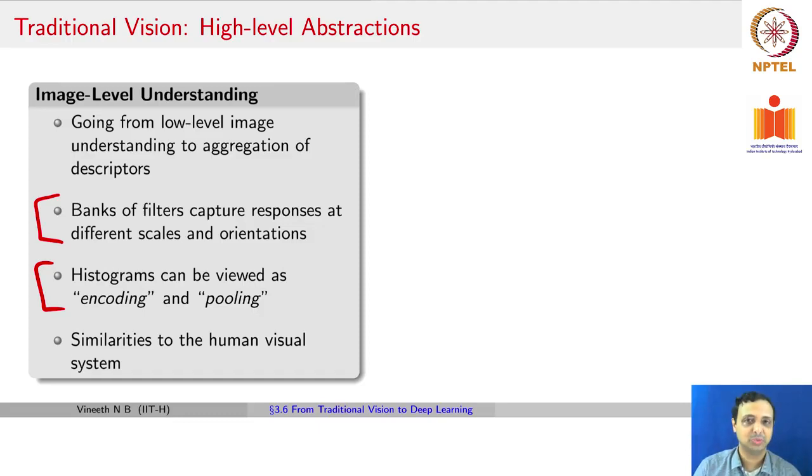So there is a similarity here, although it was not by design perhaps. It was about solving tasks for computer vision, but there is a similarity in trying to get some low-level features of different kinds with different scales and orientations, because choosing only one feature can be limiting for certain applications. So you want to use a bank of different responses and then combine them and assimilate them for further information.